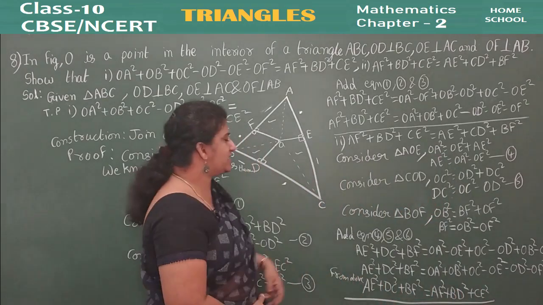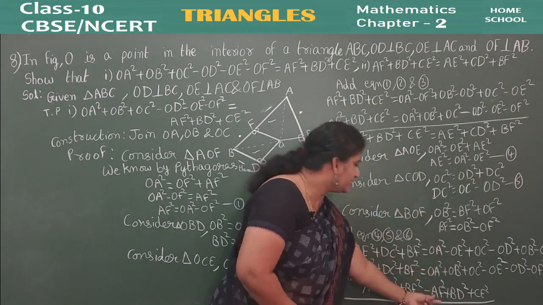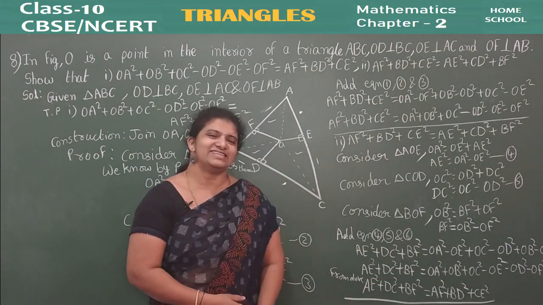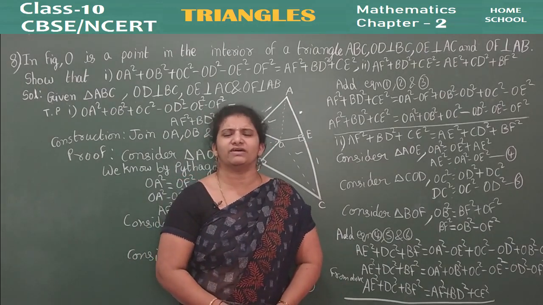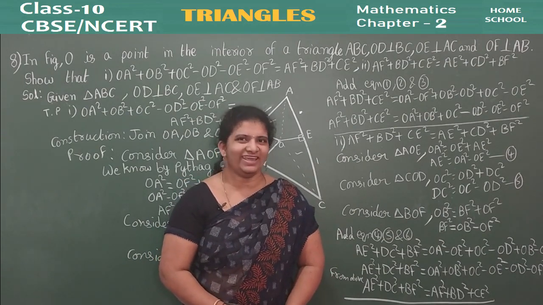Now observe the line, children. AE square plus CD square plus BF square is equal to AF square plus BD square plus CE square. Hence, it is proved. Very simple problem, children, but it takes 1.5 pages. If you understand, this is very easy.